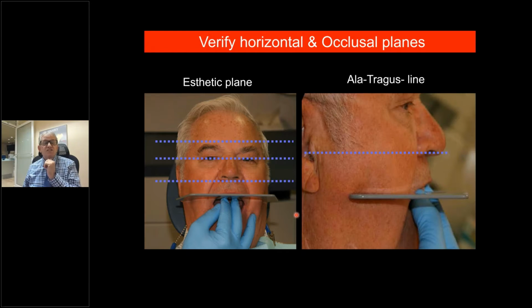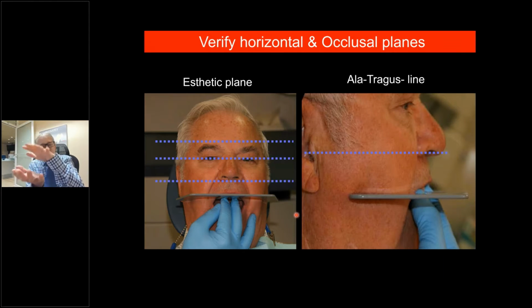Then you're going to want to count 60s, 60, 61, 62. You're trying to see if the occlusal rims or the teeth are going to hit when they say 60, 61, 62, 63. If they hit, you have violated that inner arch spacing. That neutral zone has been violated.